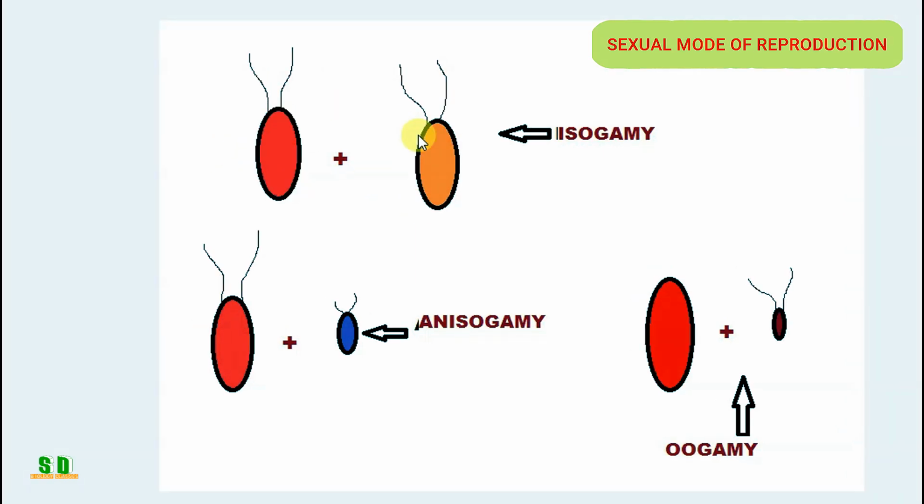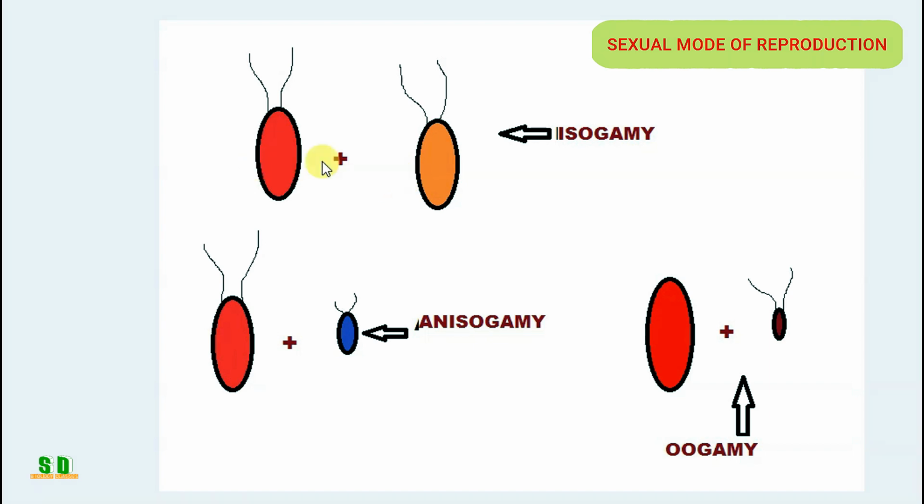In isogamous type of sexual reproduction, two gametes are required. Here you can see the fusion of two gametes. Iso means similar. So the gametes which are fused with each other are similar in size and structure, or we can see that they are morphologically similar to each other. So what is isogamy?